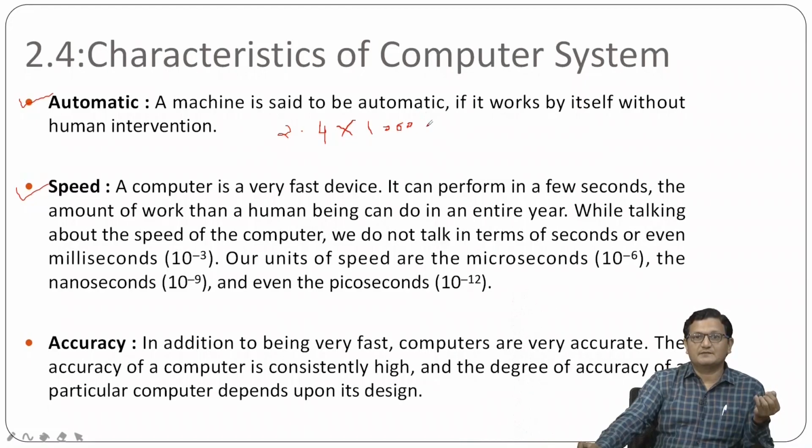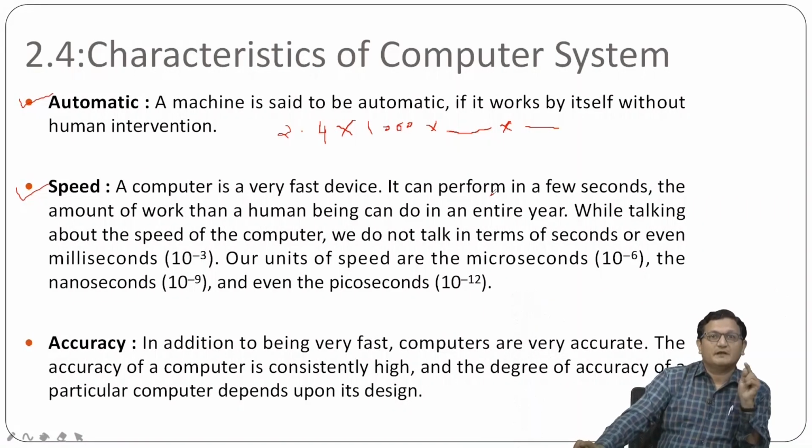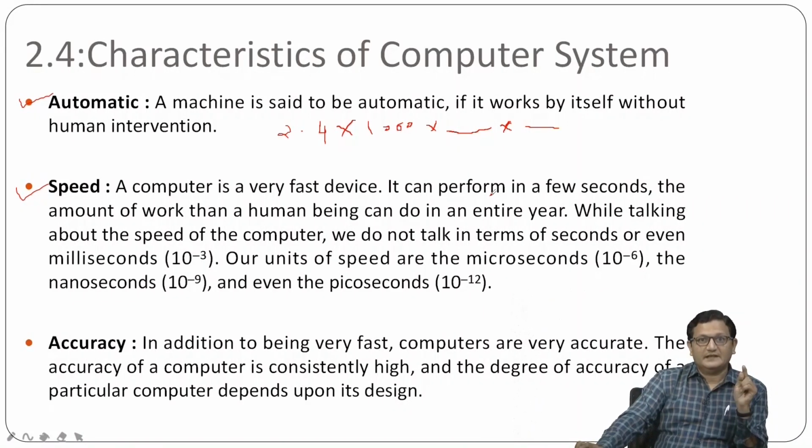Now this megahertz will be converted into kilohertz, so again you need to multiply by 1000. Again, this kilohertz will be converted into hertz, so again multiply by 1000, right. So that means 2.4 into 1000 into 1000 into 1000. Now your 1 second is equivalent to this many ticks of a computer, right?